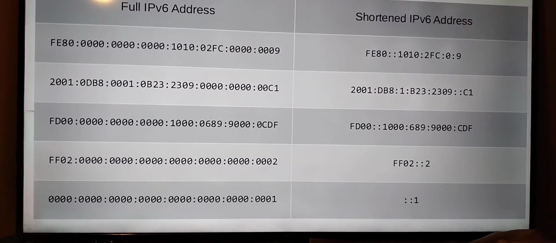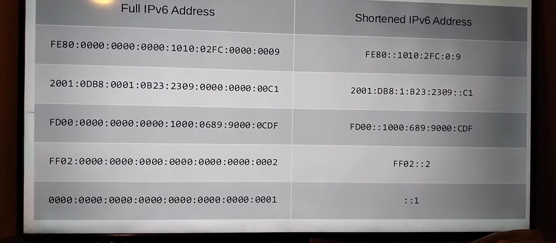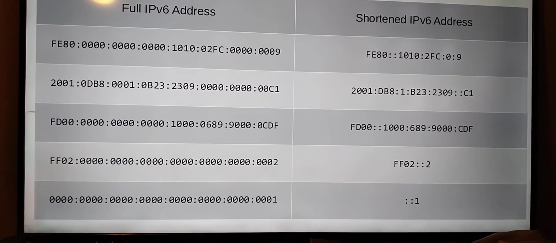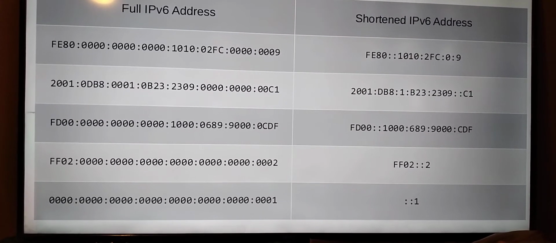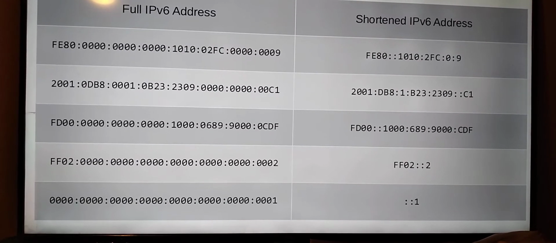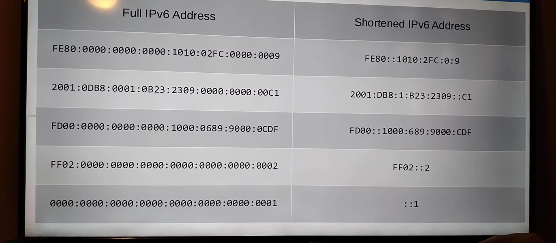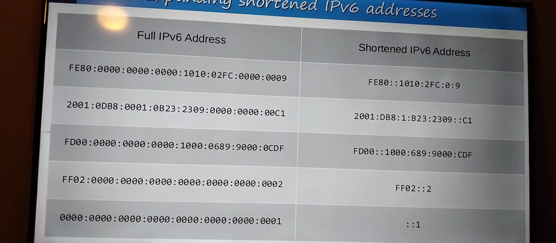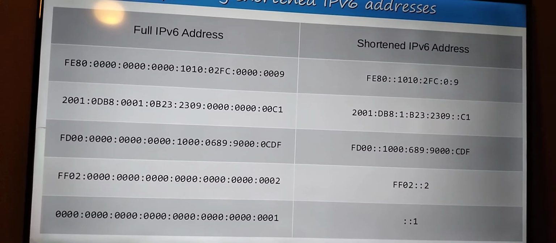If we have a quartet, one of those groupings of 4 hexadecimal digits, and they're all zeros, as you can see on the screen on the very bottom, it is all zeros, and then at the end there's a 1. The very last one.